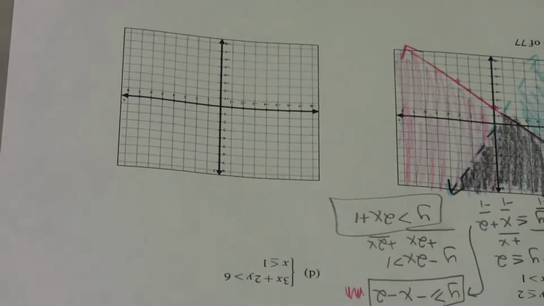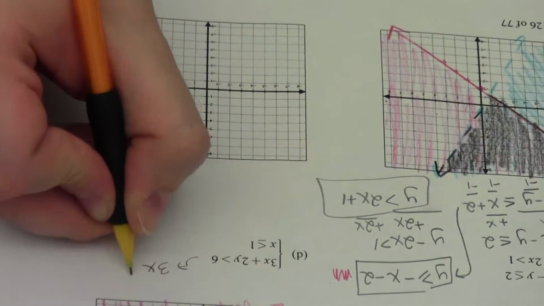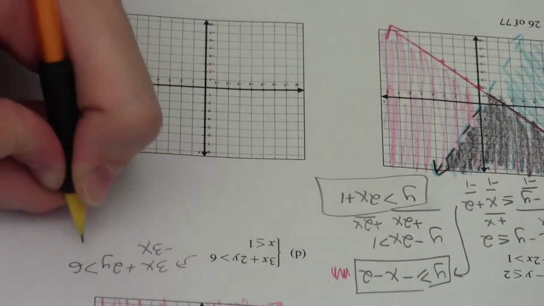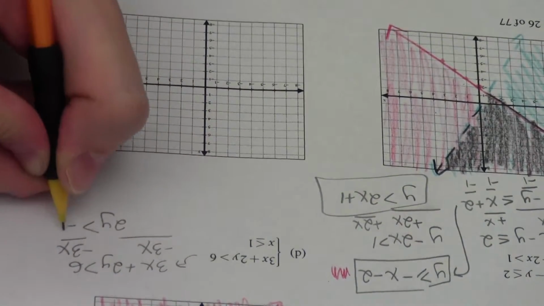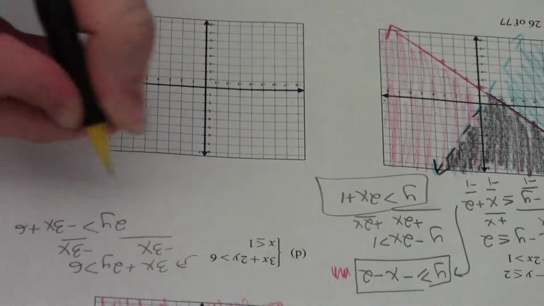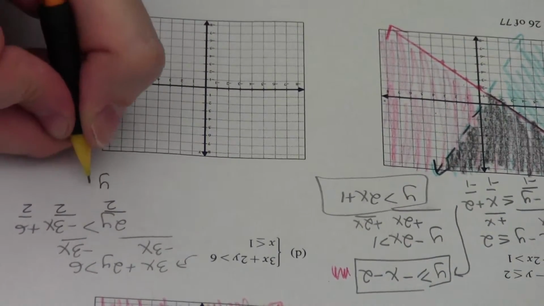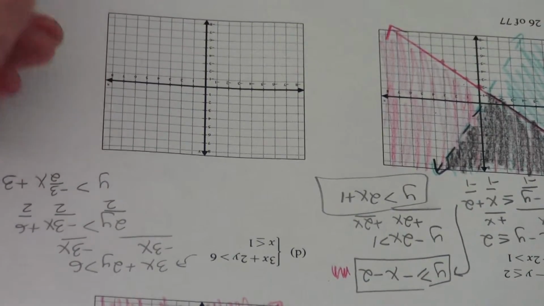One more. We need to solve that first inequality for y, so 3x plus 2y is greater than 6, minus 3x, minus 3x. 2y is greater than negative 3x plus 6. Divide everything by 2. And we're going to get y is greater than negative 3 halves x plus 3.